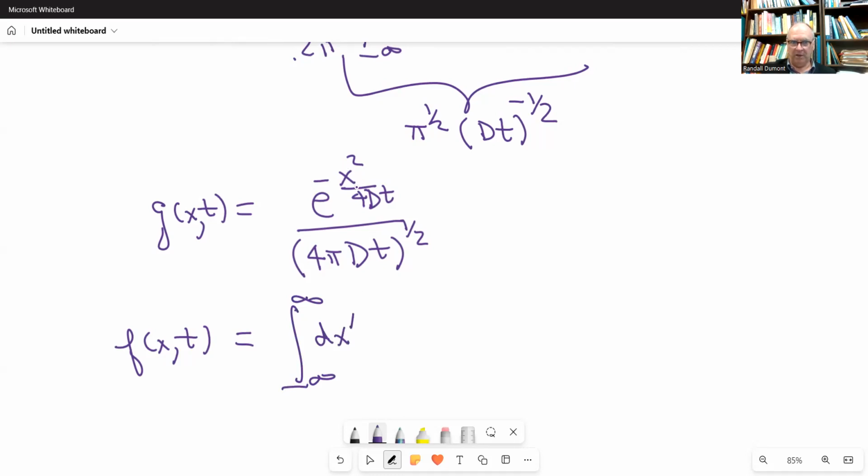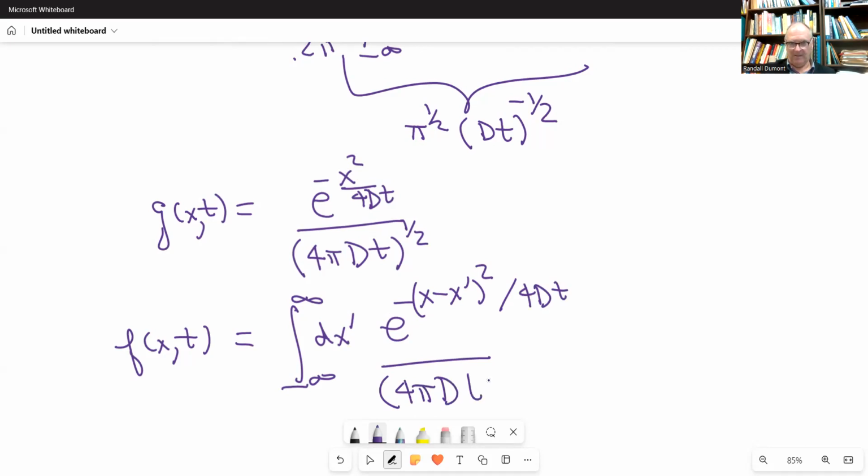Now we can go back and put x minus x primed in here. That's multiplied by f of x primed and times 0. So this is our propagator. It tells you how to change the initial distribution into the final distribution after time t has elapsed.